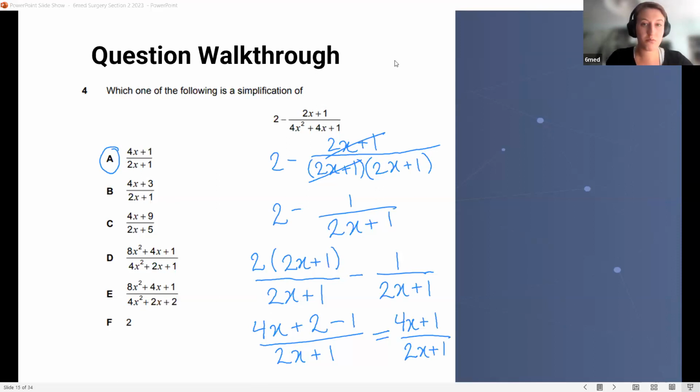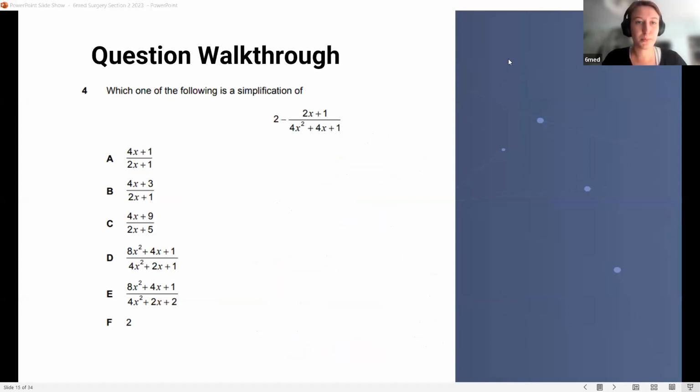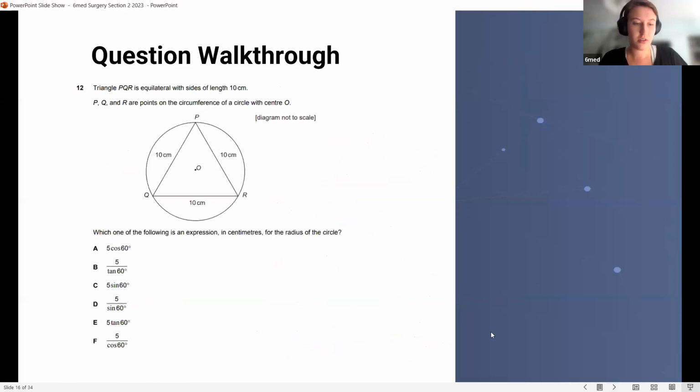Okay, so moving onwards, just keep an eye on the time. Okay, have a go at the next maths question. Have a go at this one here.